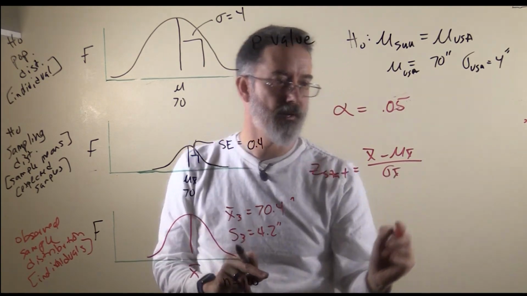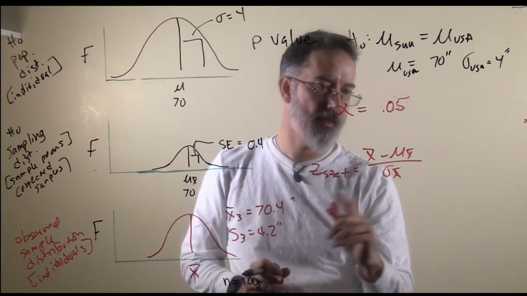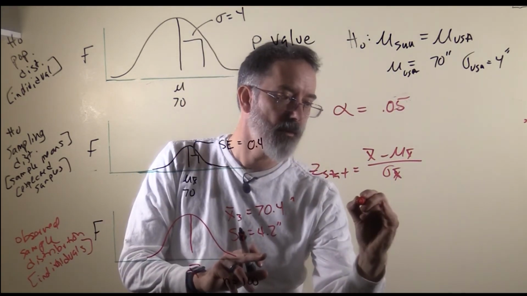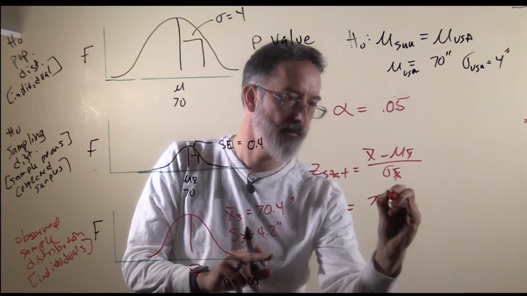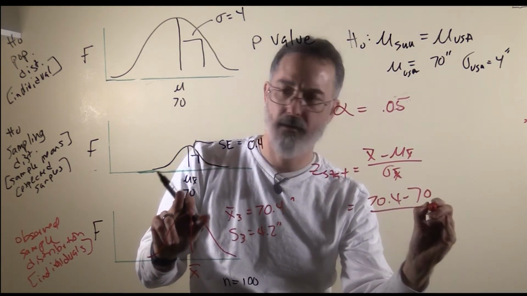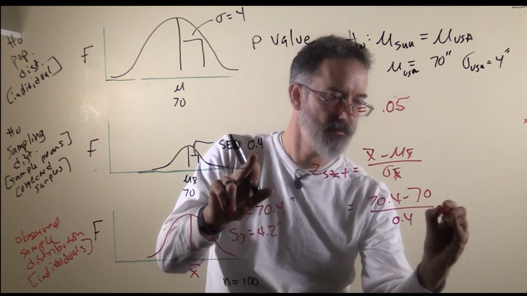So we use our modified z-score formula, modified just with the appropriate symbols for that distribution. So our sample mean is now 70.4. 70 is the sampling distribution mean. Its standard deviation, its standard error is 0.4.